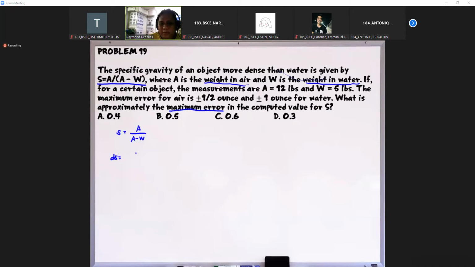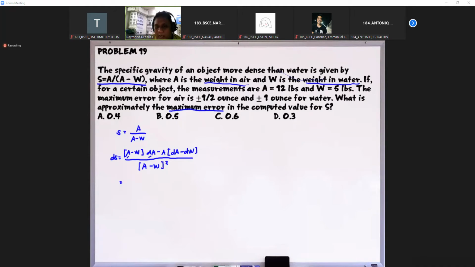So then this will be, again, low d high. So ang derivative nung nasa taas is simply dA. Minus high d low. So this is dA minus dW. So then this is divided by A minus W, low squared. Okay? So let's check kung meron magka-cancel dun sa equation.